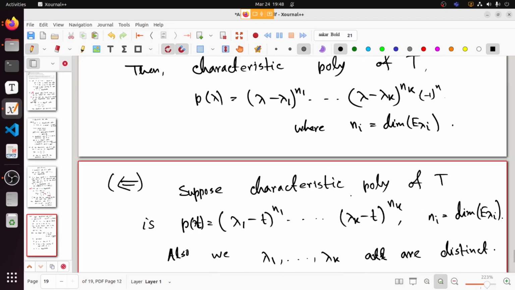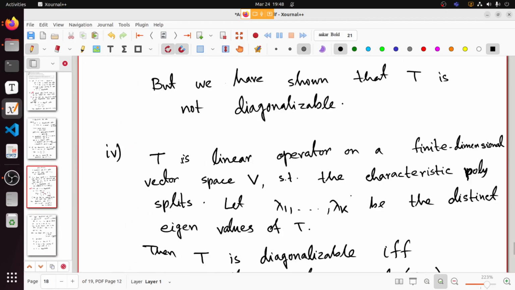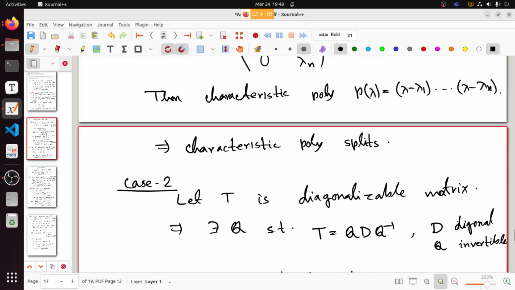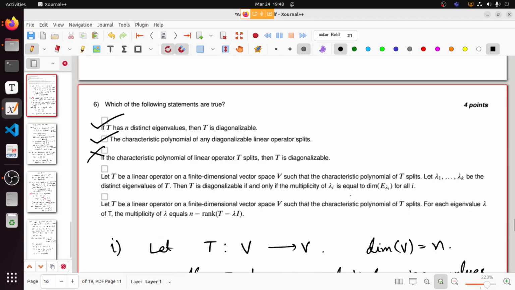So this proves the other direction. So option number 4, we have proved it. So this is correct.